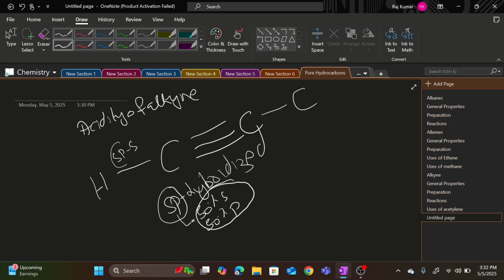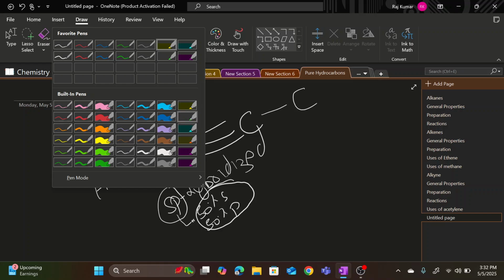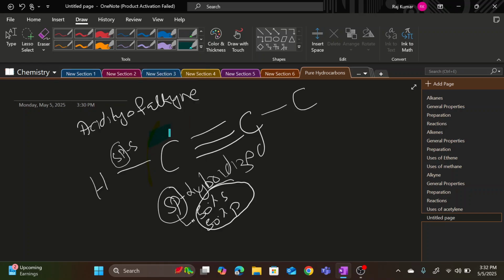Now the sp hybridized orbital is nearer to the nucleus, has greater attraction, due to which it attracts the electron cloud more towards itself.